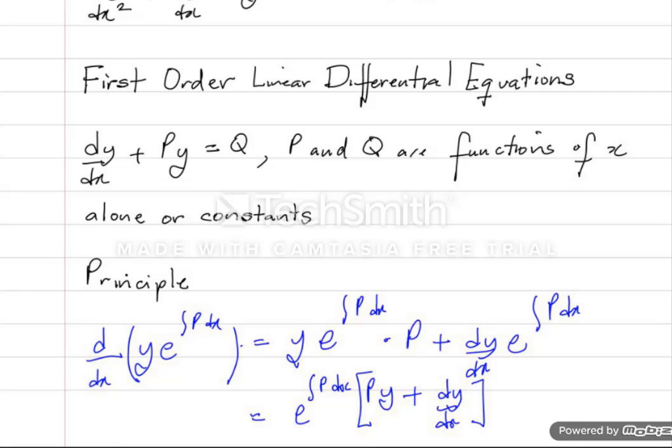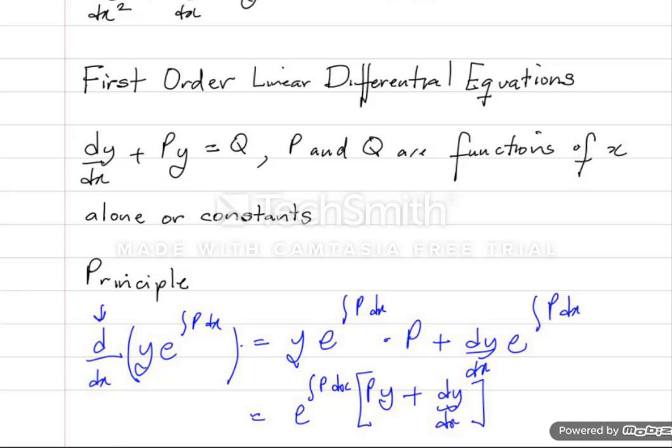Because if you differentiate y, you get dy by dx. That is simply saying you must differentiate y times e to the integral of p dx. That's all it's saying.